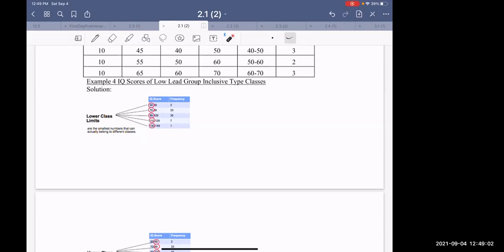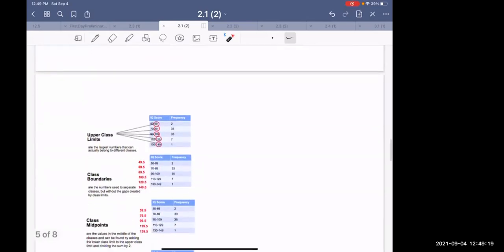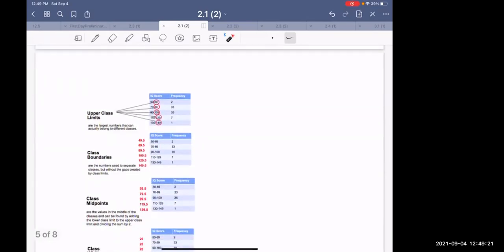So the lower class limits are those lowest numbers that are shown: 50, 70, 90, 110, 130. Upper class limits, well, those are the biggest numbers shown: 69, 89, 109, 129, 149.